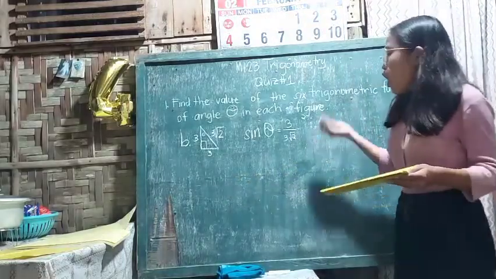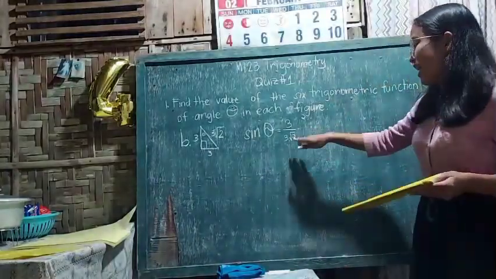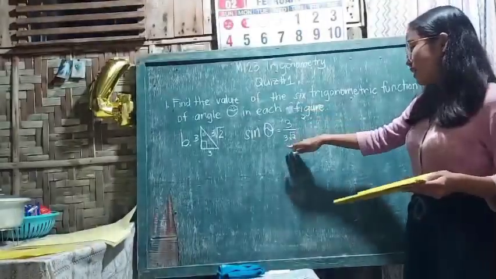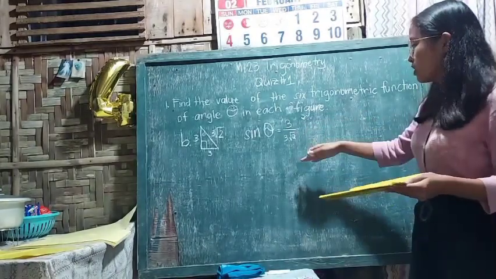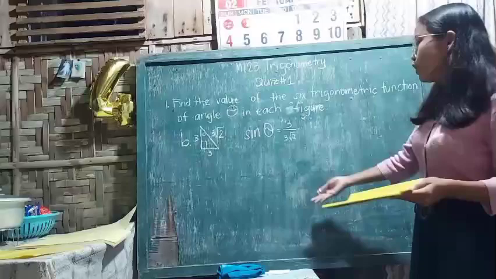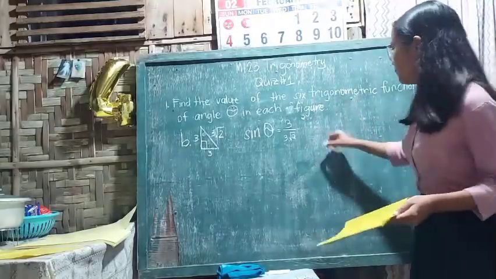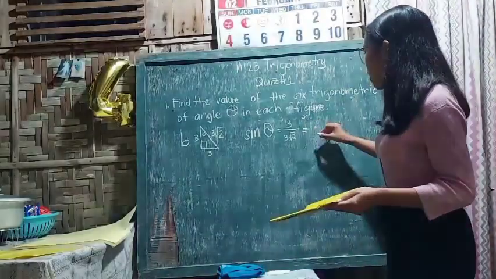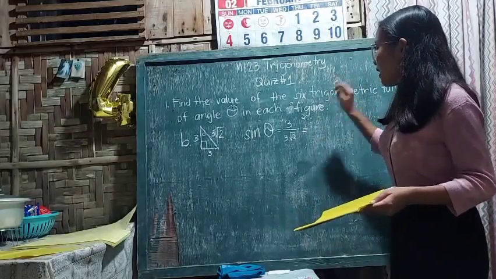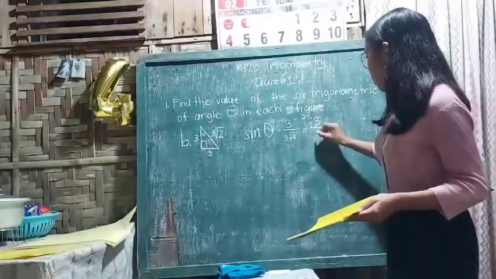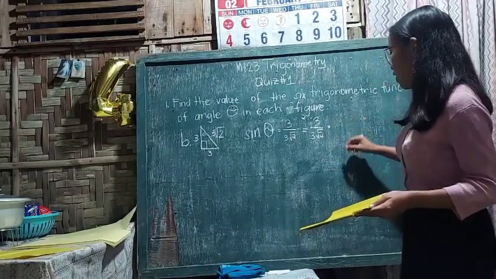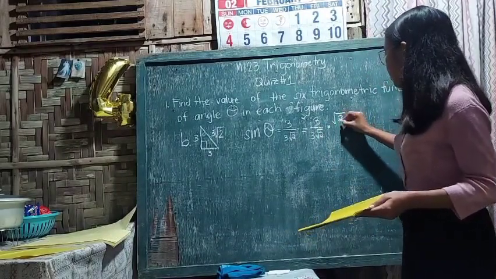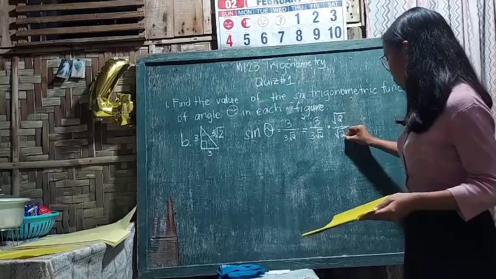But since we shouldn't have a radical in our fraction, we are going to rationalize our denominator to remove the radical. So to rationalize, we are going to multiply it by 1. So 3 over 3, and our value of 1 here would be square root of 2 over square root of 2.